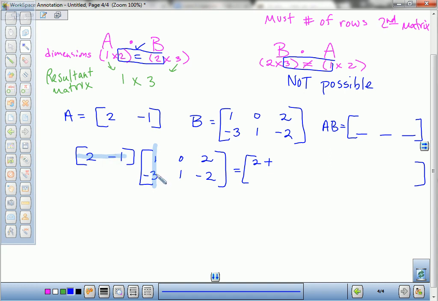Negative 1 times negative 3 is positive 3. So when we multiply matrices, we are finding the sum of the products of each row of the first one times each column of the second one. Why wouldn't we do like 2 times 1 and 2 times negative? Is that just how it is? This is just how it is, yeah.